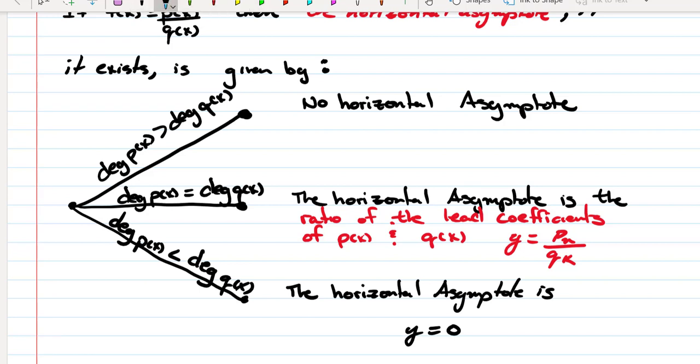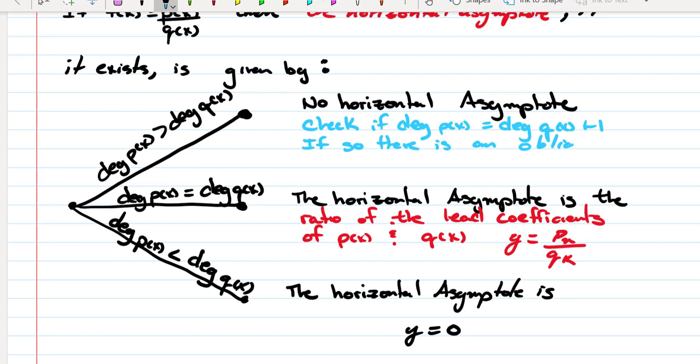So in this one, we check if the degree of p of x is equal to the degree of q of x plus 1. If so, there is an oblique asymptote.